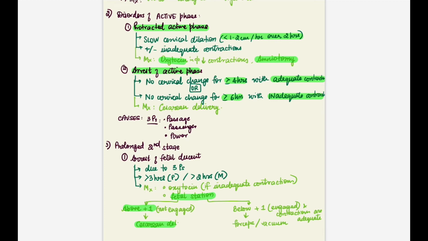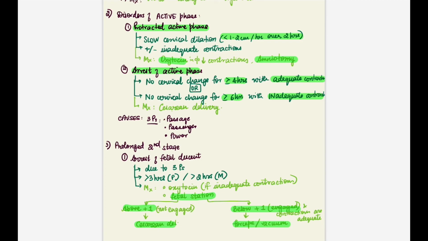If the fetal head is below +1, meaning it is engaged and the contractions are adequate, then you'll go for forceps or vacuum delivery. You have to make sure that when you do forceps or vacuum, the contractions are adequate. Alright, so this is the management for a prolonged second stage of labor.